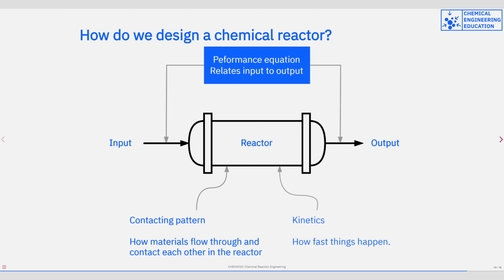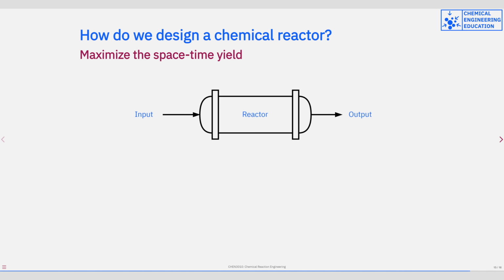These principles allow chemical engineers to design reactors that meet specific process requirements. Designing a chemical reactor focuses on maximizing space-time yield. This involves creating a reactor that can produce the highest amount of desired product per unit time and per unit volume while ensuring safety.